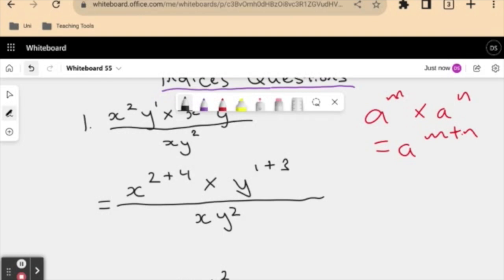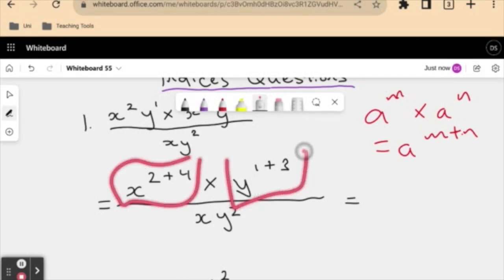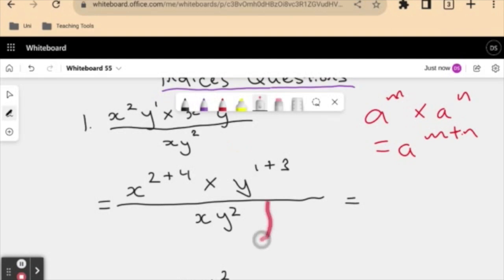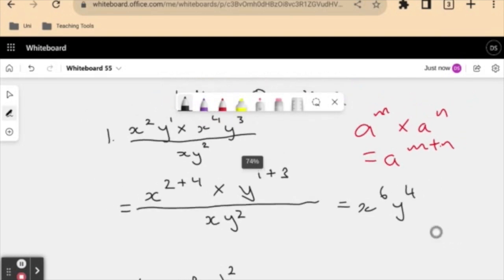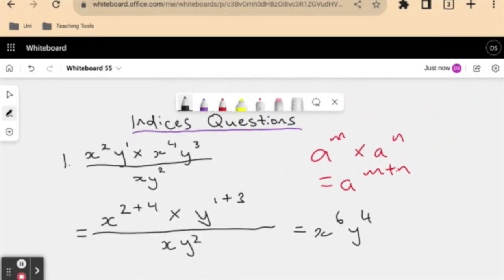Now simplifying this, I'm going to have x to the power of 6 on the top, multiplied by y to the power of 4. And this is a fraction, so this implies that we're dividing by this denominator. So I'm going to write this as x to the power of 6 times y to the power of 4, and that is getting divided by xy squared.